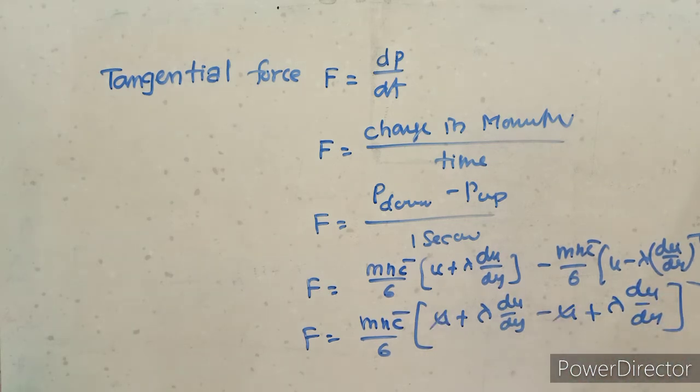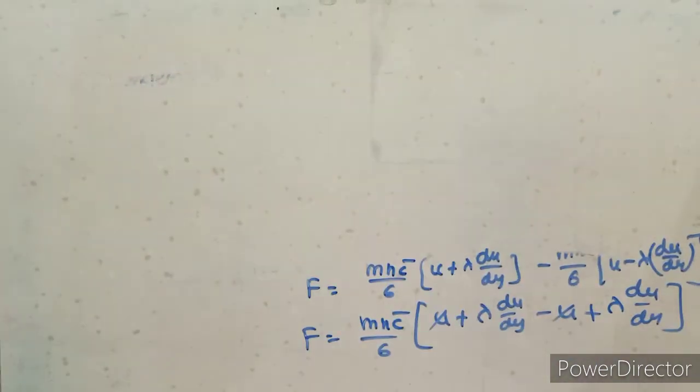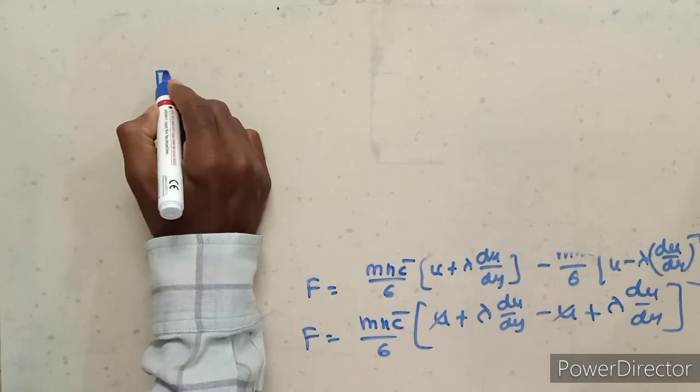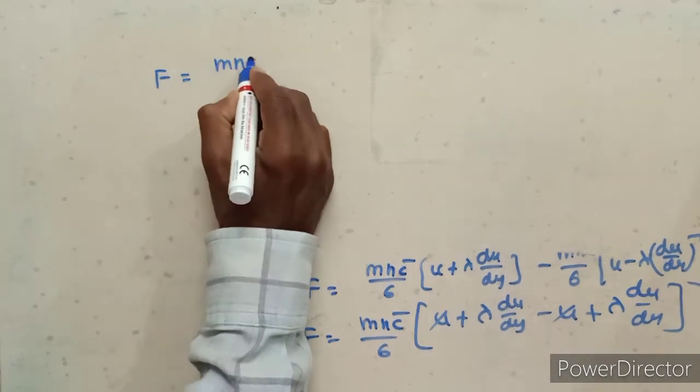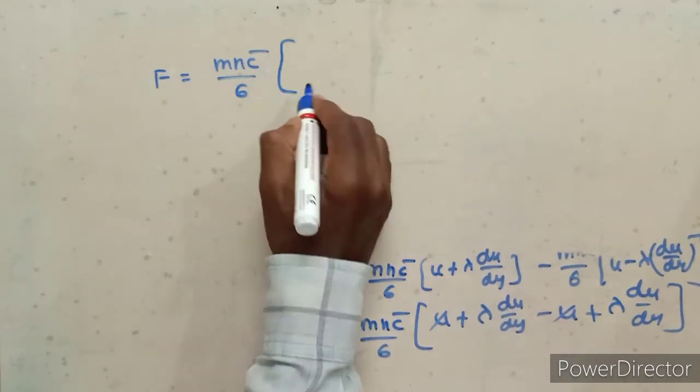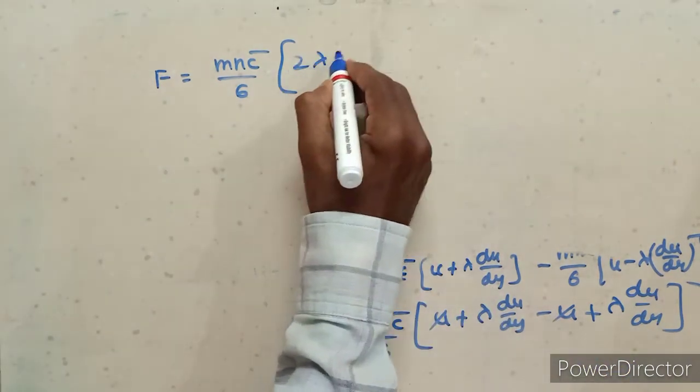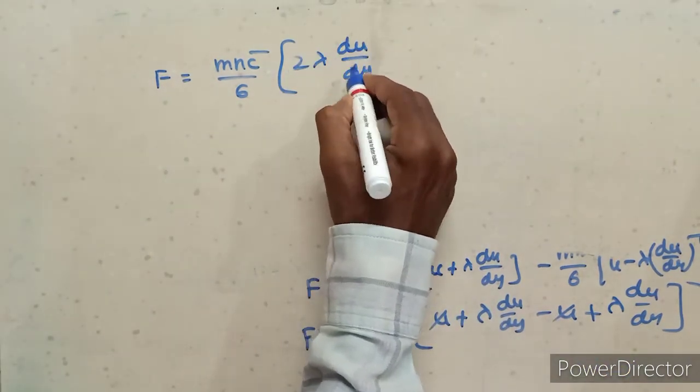So u cancels, and remaining is F equals m n c bar upon 6 into 2 lambda du upon dy.